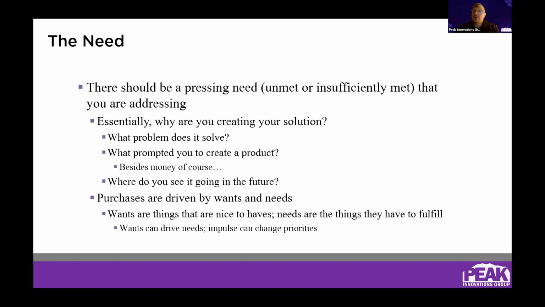And along with that need, where do you see it going in the future? Is this something that can be expanded upon? Is this something that can create a depth and a breadth, even something like a product line, something you can sell to multiple people? And how do you expand on that need?